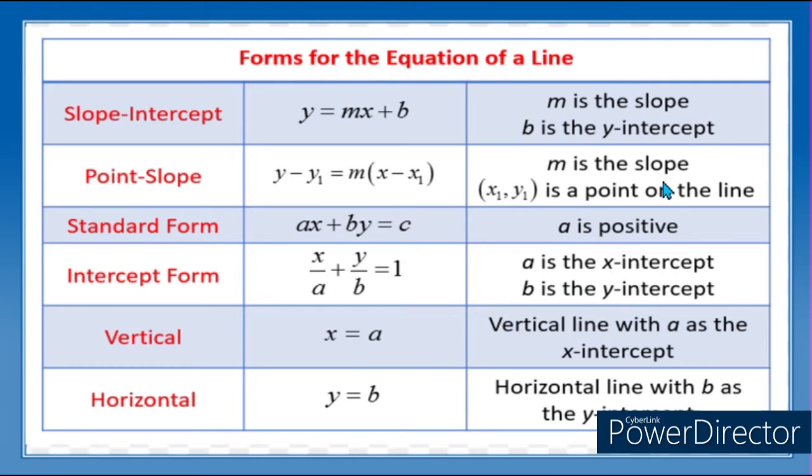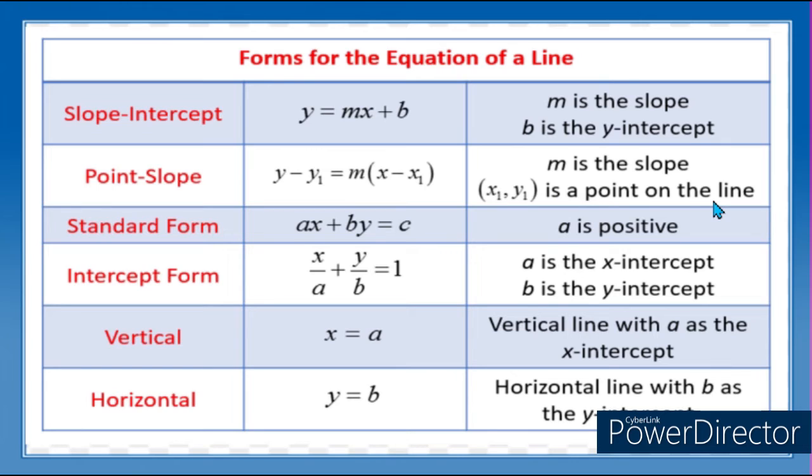Okay, so I repeat, the slope-intercept form is y is equal to mx plus b. M is the slope, b is the y-intercept. And we have here the point-slope form, y minus y sub 1 is equal to m times x minus x sub 1. I repeat, the m here is the slope, and x sub 1 and y sub 1 is a point on the line.